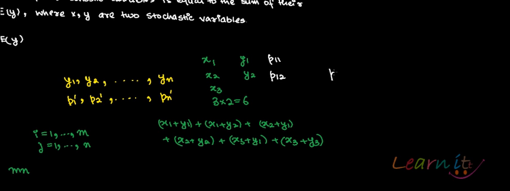These are the 6 values which you have: p11, p12, p21, p22, p31, p32. Now x can assume any value. What you have to do is sum it over j's. J's are the second argument, everywhere the second argument.